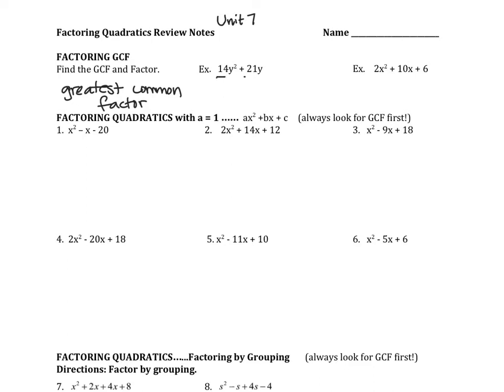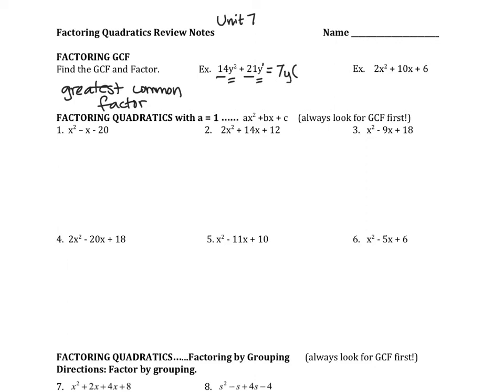The 14 and the 21 both have a 7 in common. So I'm going to be factoring a 7 out. And the y squared and the y, the variable parts, this is y to the first, if there's nothing there, then they both have a y to the first in common.